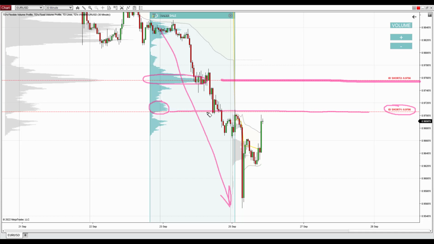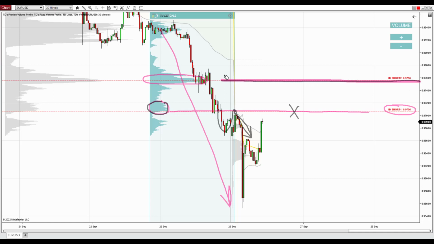This level was already tested in here, so those who are trading it took a winner there, and this level is now spent. The price has already reacted to this volume cluster. There was a pullback to it and this reaction. So for this reason, this level is now spent, and the next level in line is this one.